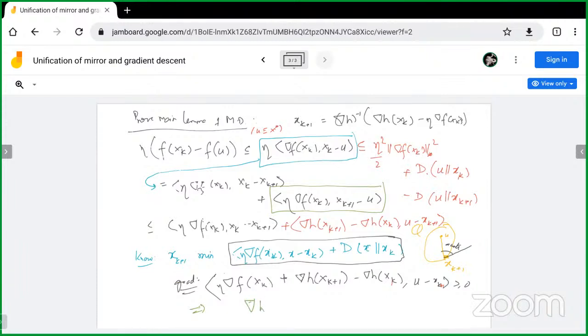So yeah, Bregman divergence between xk plus 1 and xk.